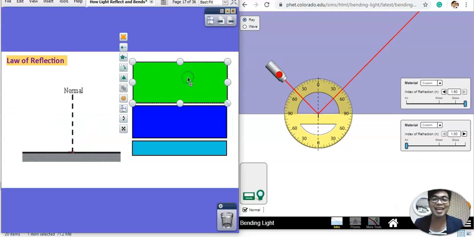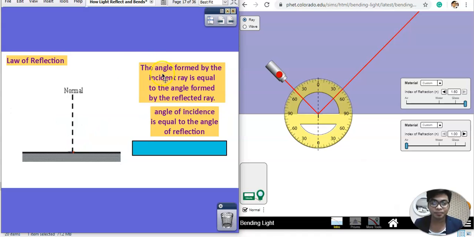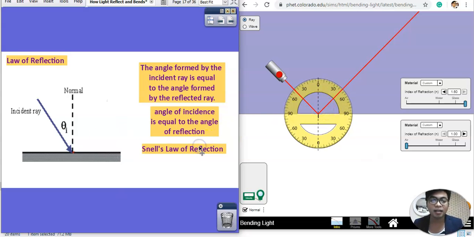So what is the law of reflection? The law of reflection says that the angle formed by the incident ray, just right over here, is always equal to the angle formed by the reflected ray. So the angle of incidence is equal to the angle of reflection, and that is what we call Snell's law of reflection.